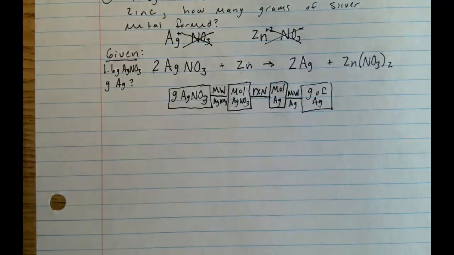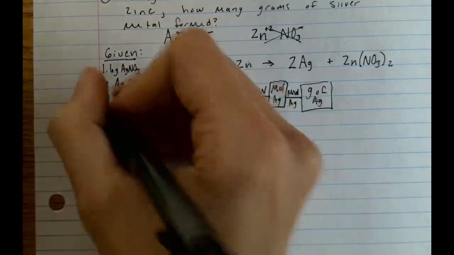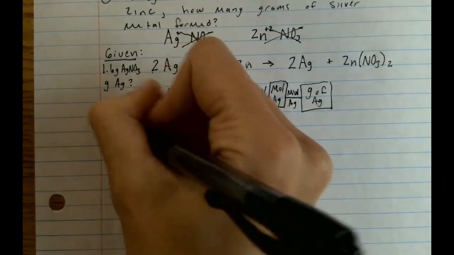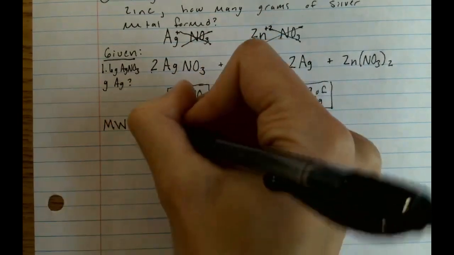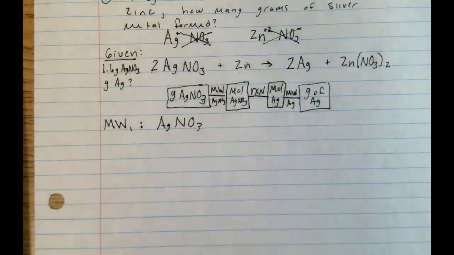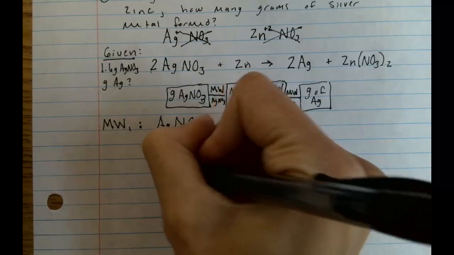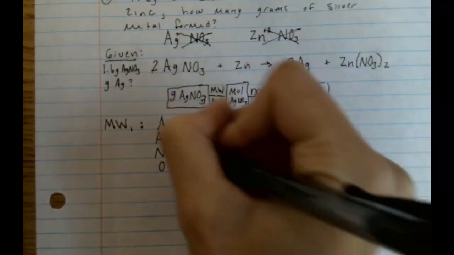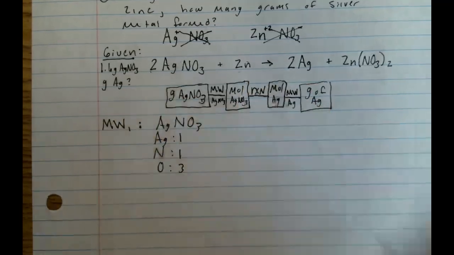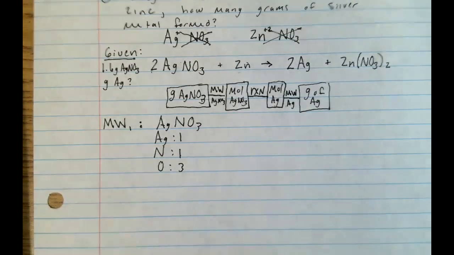So I'm going to figure out what the molecular weight number 1 is, and that's of silver nitrate. So I'm going to call that MW1, AgNO3. So what I'm going to do is list off each atom, Ag, N, O, and how many there are. I'm going to multiply that quantity by each atomic mass.